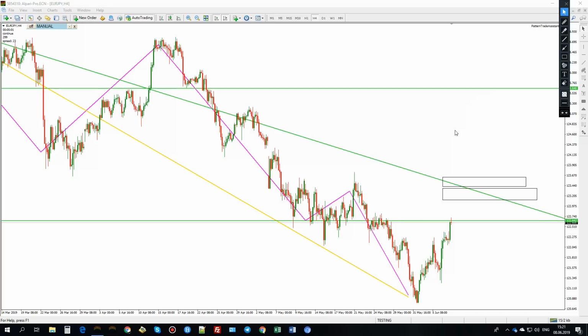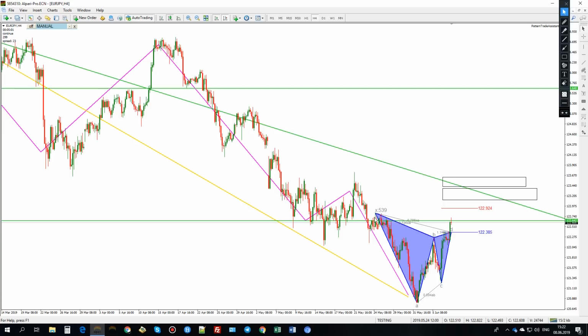Okay, and of course I will not use any bat patterns or butterfly patterns or other, to my mind, useless stuff. I will use my own pattern that I call a unified Gartley, and it looks this way, and I will draw it from this to this.